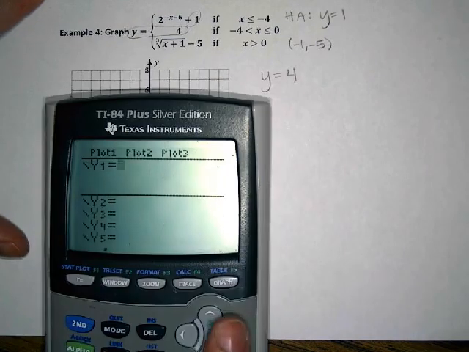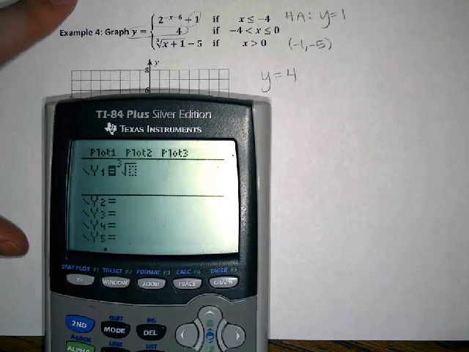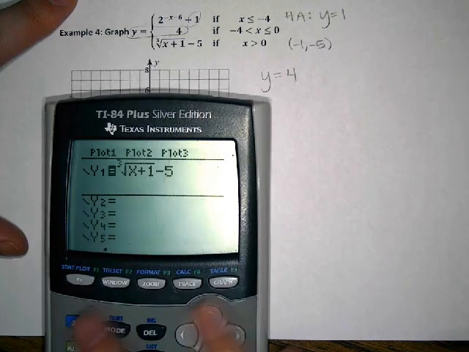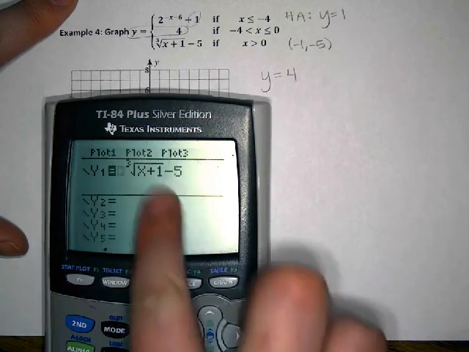X plus 1 minus 5. It doesn't have to have parentheses, but it needs to be under the radical.